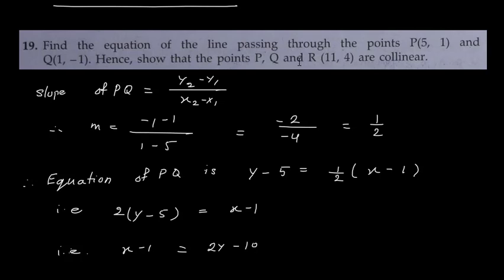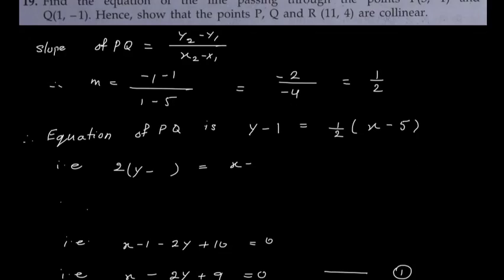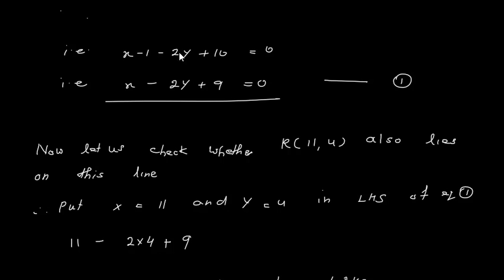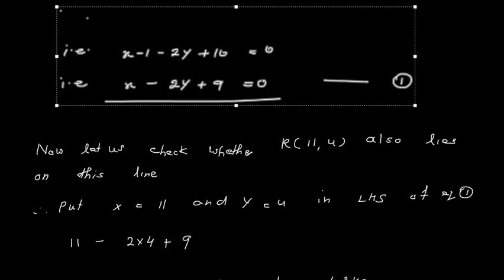Then the equation of line PQ is y minus y1. Here I made a mistake. What is y1? The value of y1 is 1 and x1 is 5. So I have to reconsider this part.